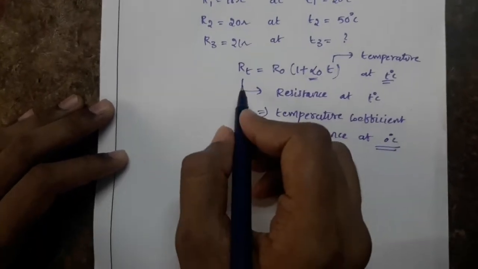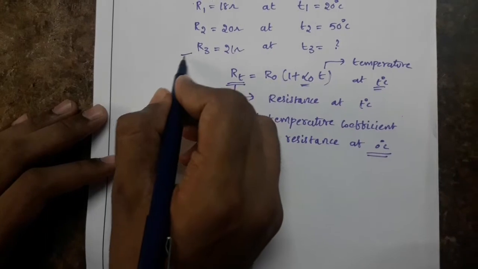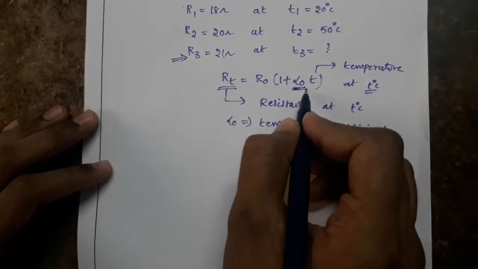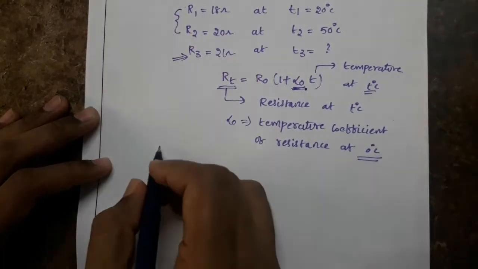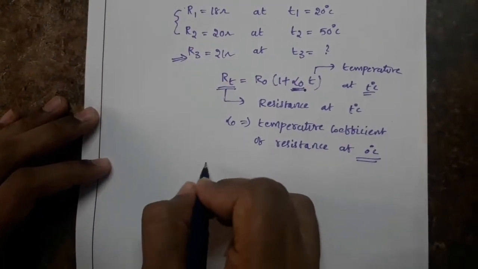So for finding R3, we have to find alpha naught. From these two relations, I will find alpha naught.